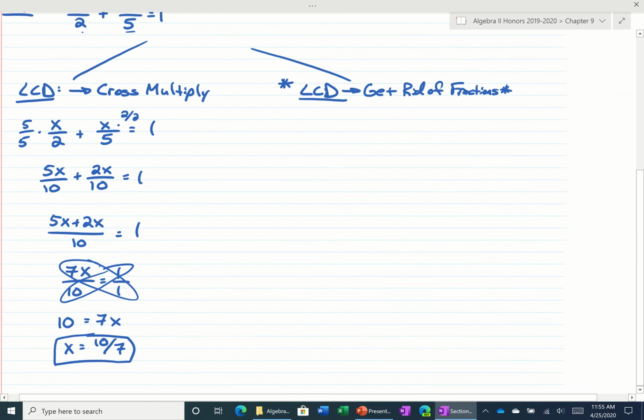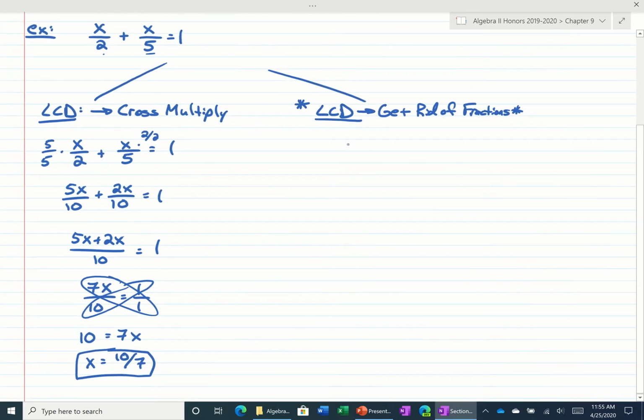The other way to do this would be to get rid of fractions from the start. We've done this before. You guys know how to get rid of fractions from earlier in the year, actually. So we have x over 2 plus x over 5 is equal to 1.